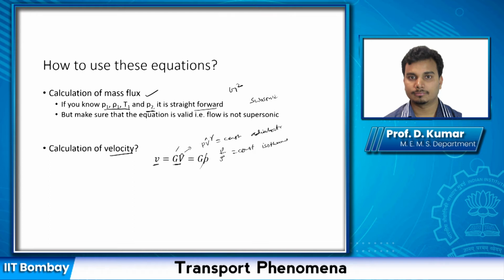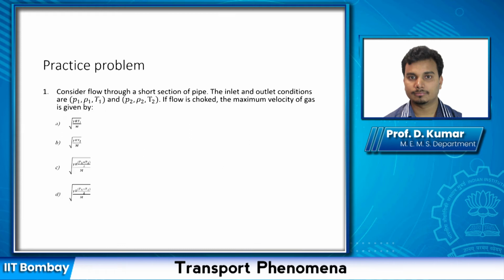Okay, so with that, let us do a very simple practice problem. Consider flow through a short section of pipe. The inlet and outlet conditions are given to you: P1 rho 1 T1 and P2 rho 2 T2.